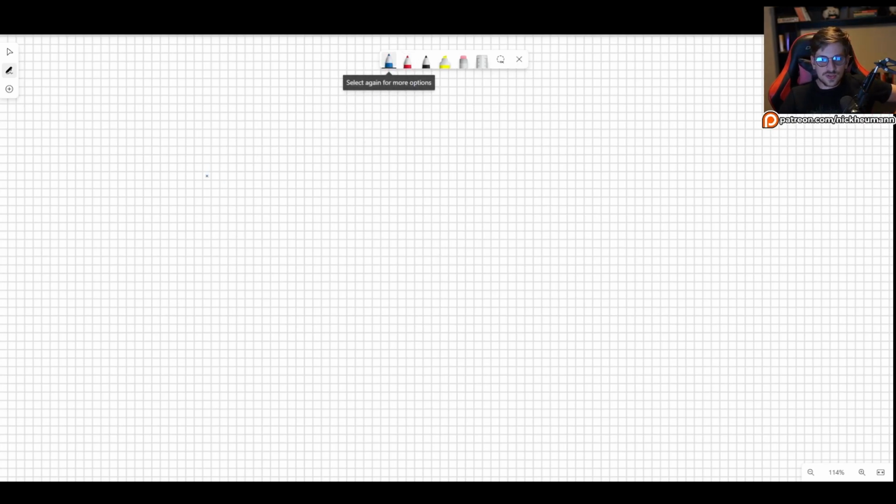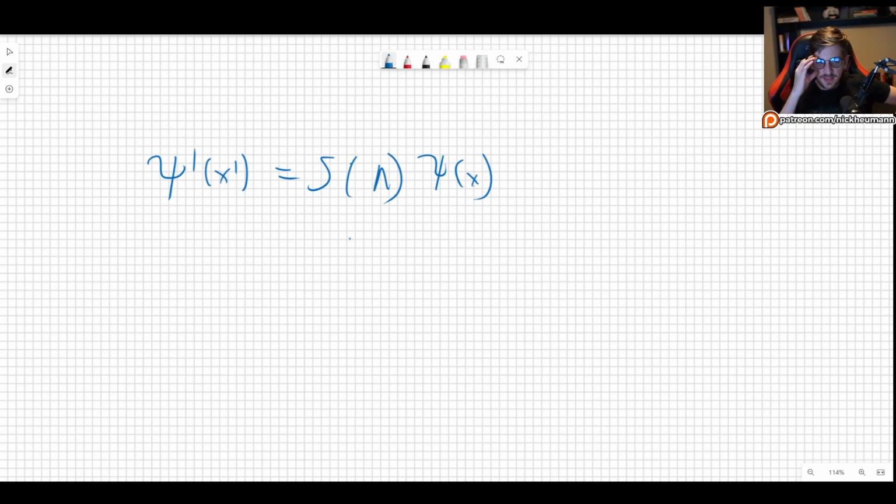So now we're going to take a little bit of a look at how some things transform, because now that we know how to determine covariance, let's study some things. So for example, if we take psi of x prime, which we know is simply taking our psi of x and transforming it using this S matrix, then we can study how the psi Hermitian adjoint transforms.